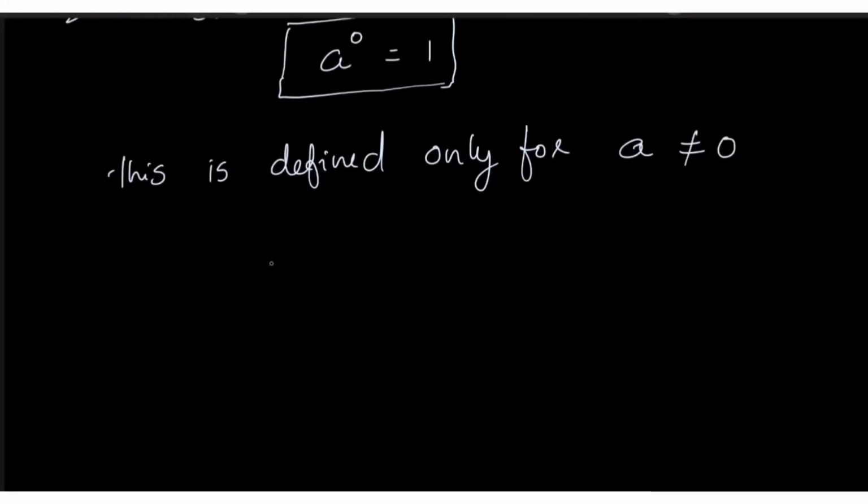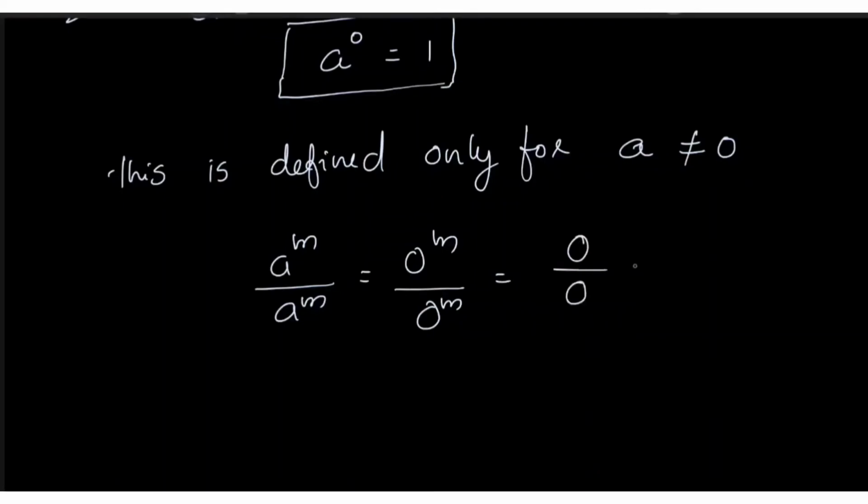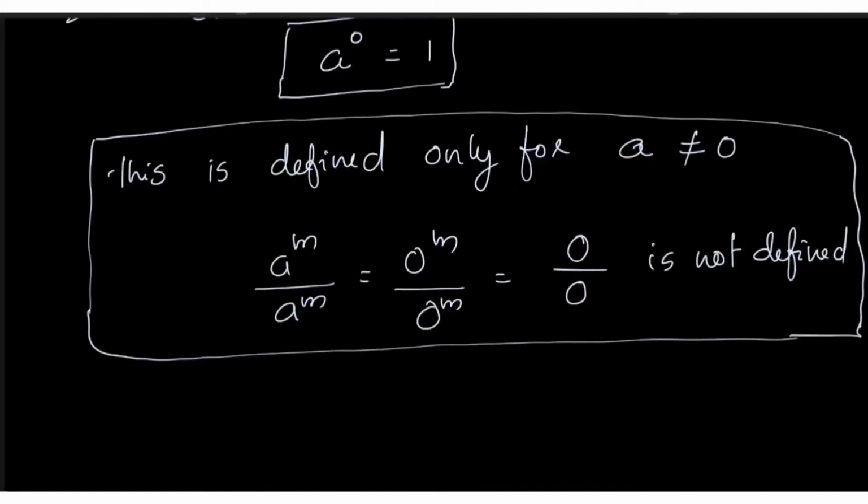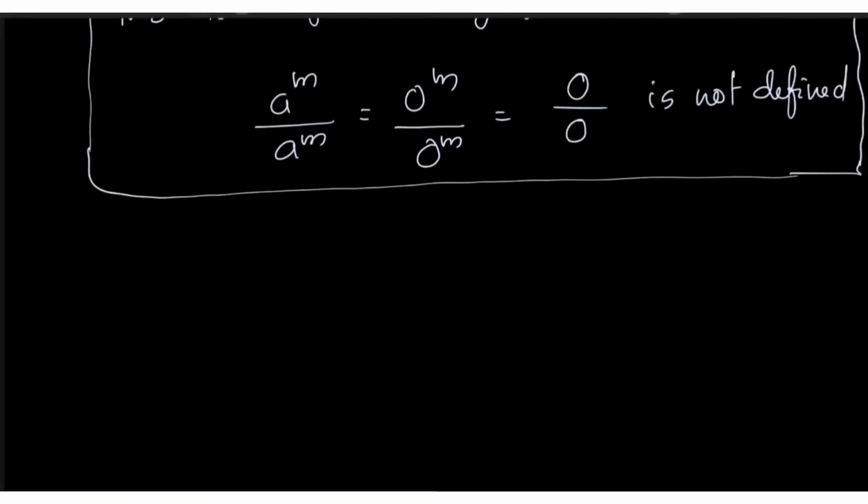If a is 0, then a raised to m by a raised to m is equal to 0 raised to m by 0 raised to m. That is equal to 0 by 0. It is not defined. So this law is proved only for a not equal to 0, that is, a non-zero integer. That is the must condition for every law.